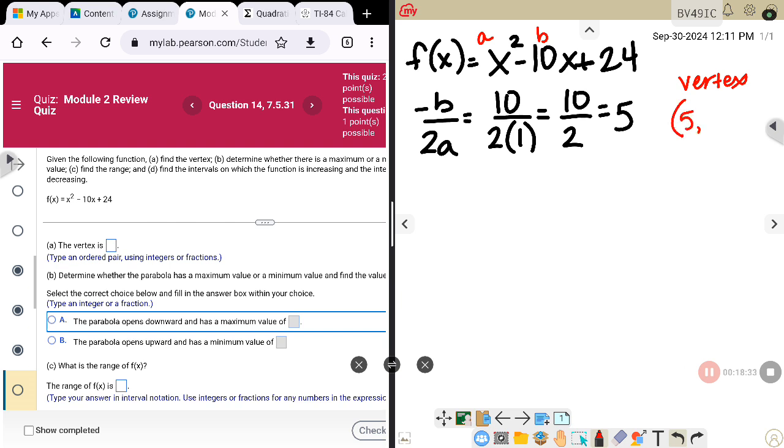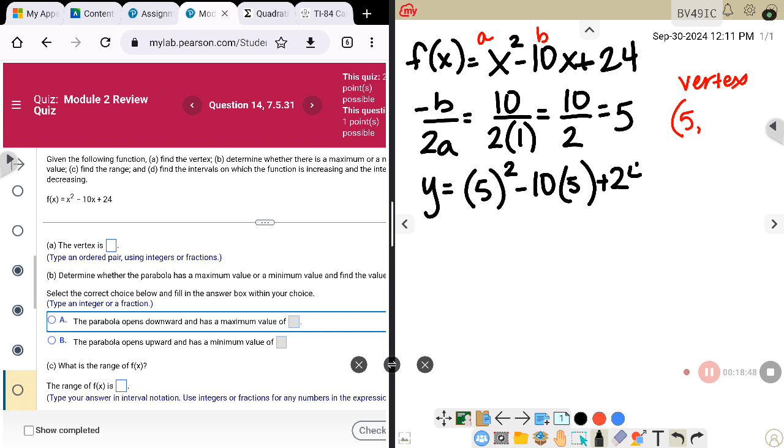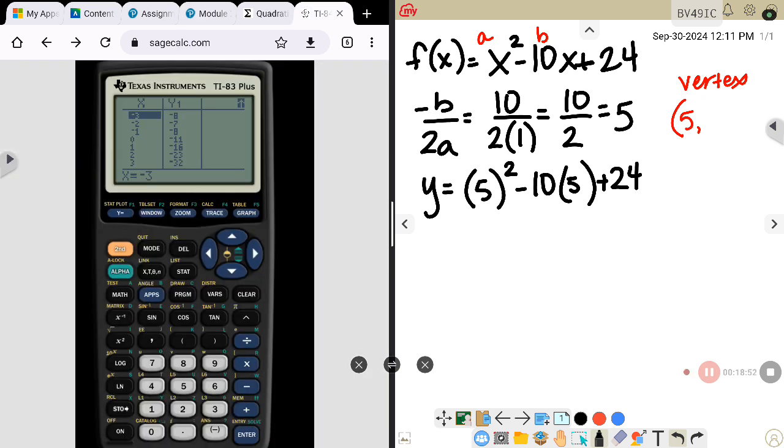To find the y, I'll replace the x's of my function with 5's. So I'm going to have 5 squared minus 10 times 5 plus 24. I'll put that in my calculator. So open, 5, close. I'll square that.